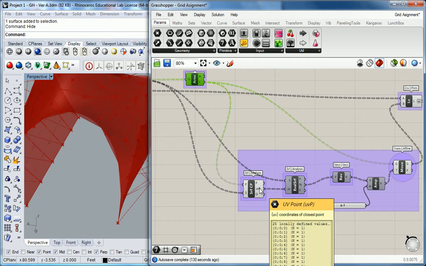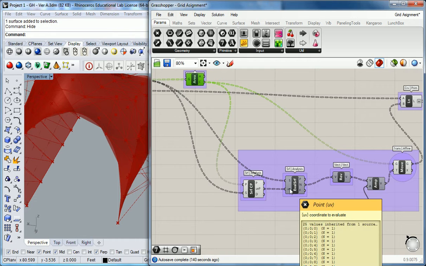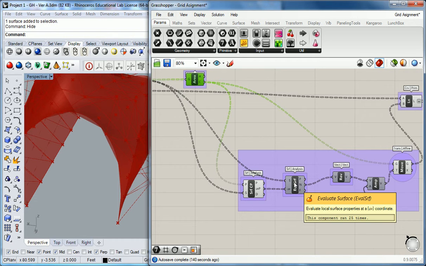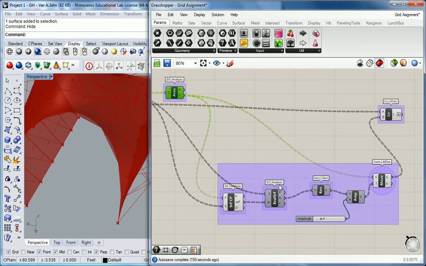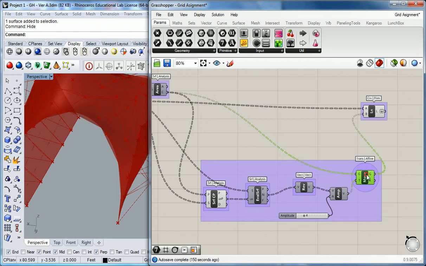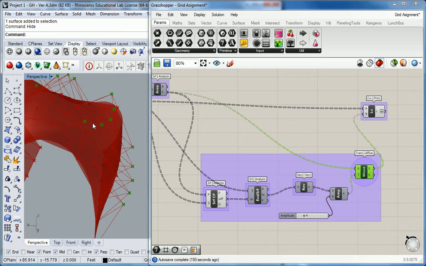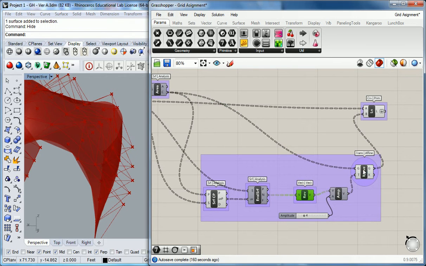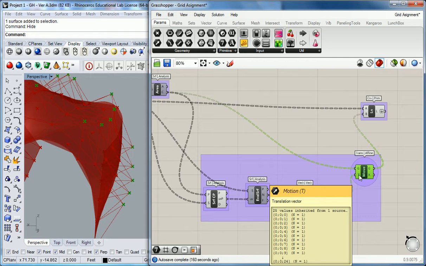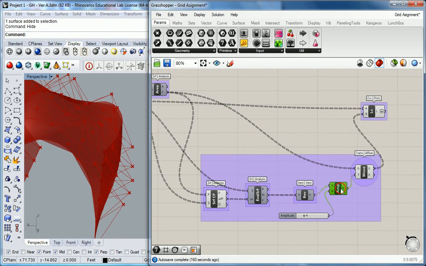So the UVP output from surface closest point gets plugged into the UV input of evaluate surface. Right, so this is all refresher still. I'm trying to refresh your mind about what we did last week. And then in order to move them away along the trajectory of the surface normal, I simply did, with the move command, I modified the translation vector with an amplify vector.